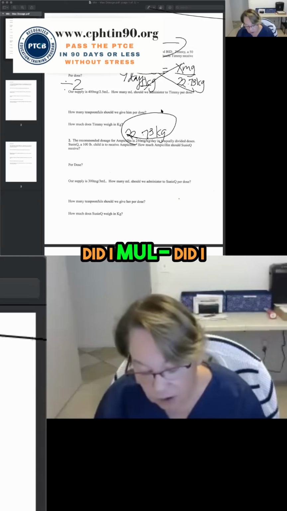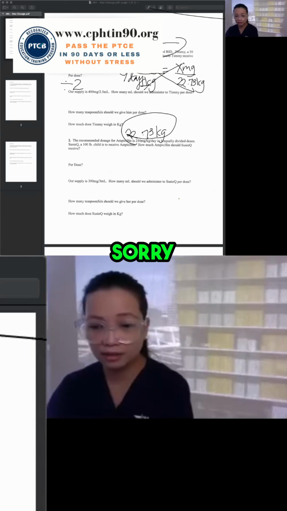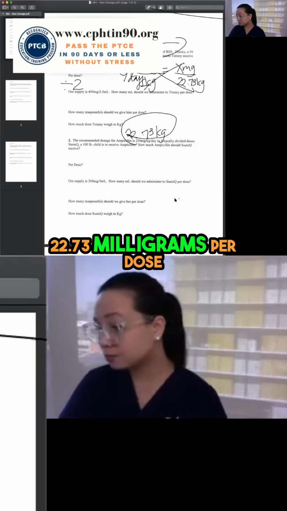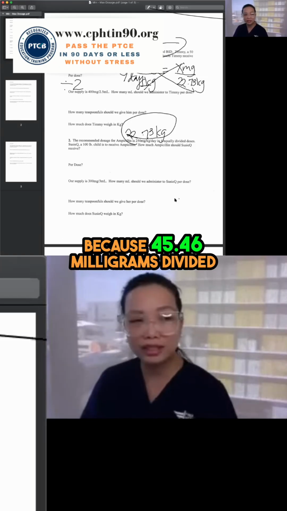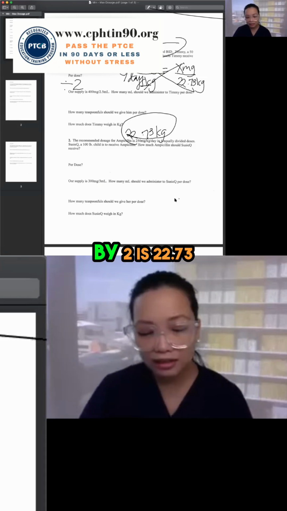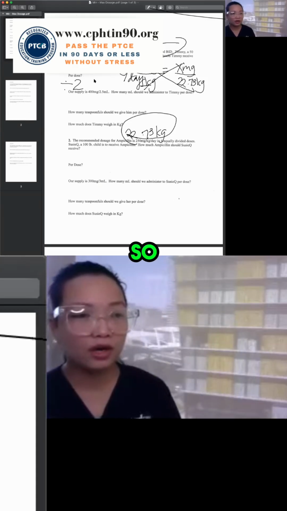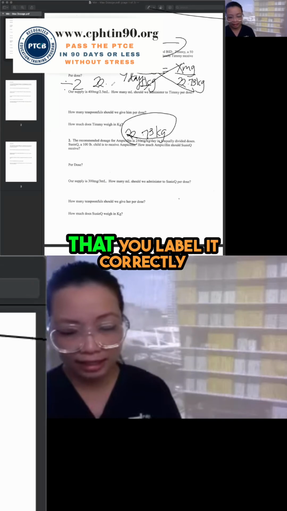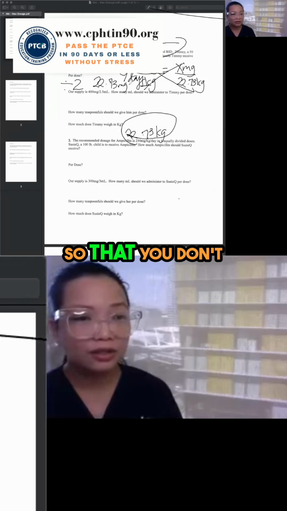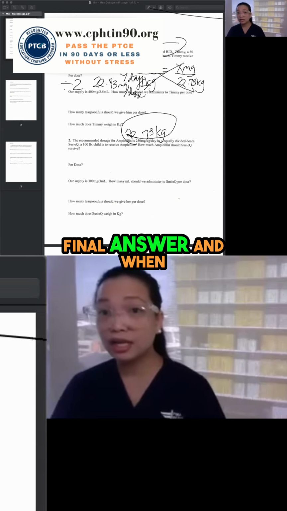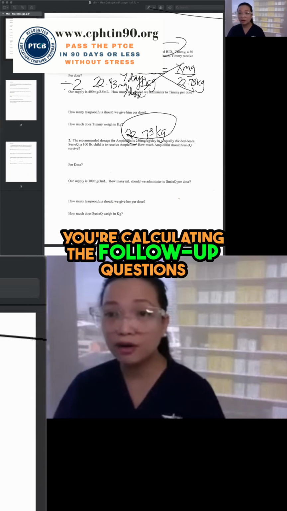Correct. 45.46 milligrams divided by 2 is 22.73 milligrams per dose. So you want to make sure that you label it correctly so that you don't lose it once you get to the final answer and when you're calculating the follow-up questions.